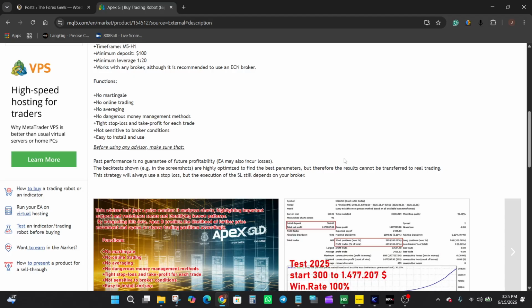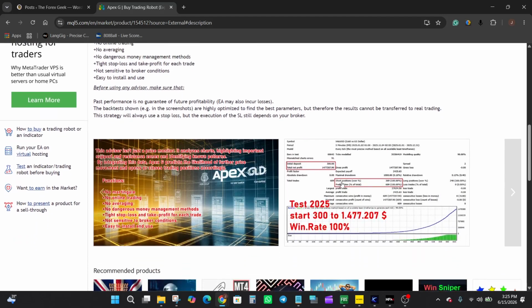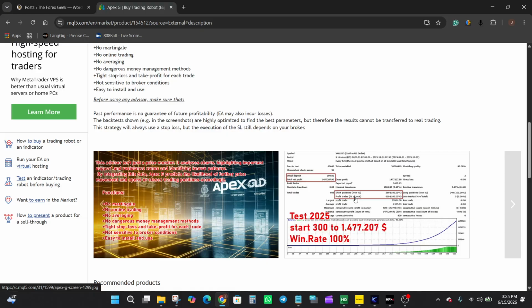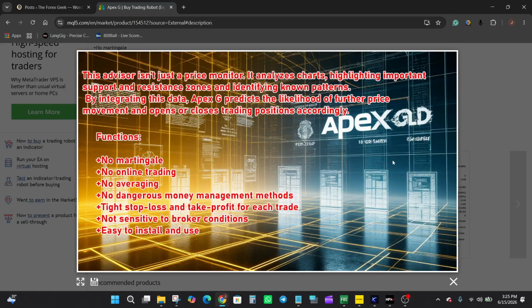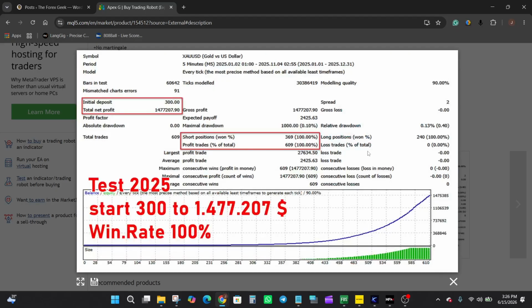One point I appreciate is that the developer explicitly states that the backtest shown in screenshots are highly optimized to identify the best performing parameters. They also clearly mention that those optimized results should not automatically be expected in real trading conditions. So that's an important reminder when evaluating any historical testing performance.